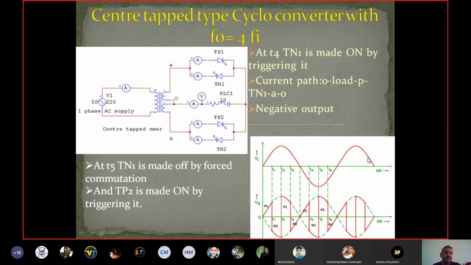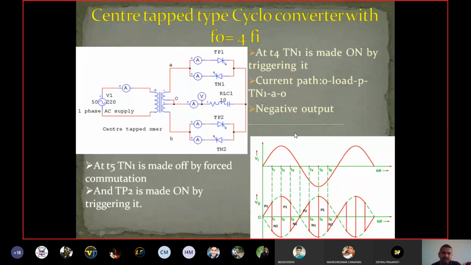That means the cycle continues. So repetition continues: positive half cycle, negative half cycle, positive half cycle, and negative half cycle. So in each half cycle of the input waveform, here we are getting positive output, negative output, positive output, negative output.